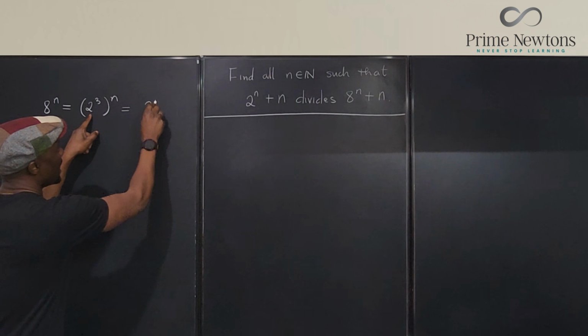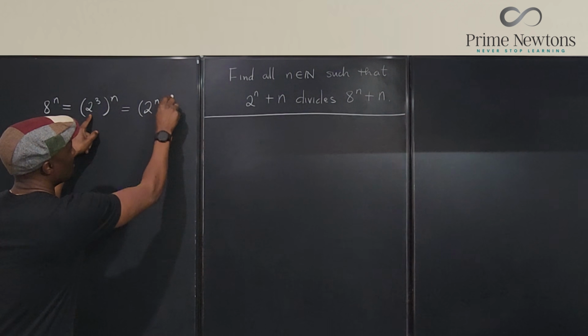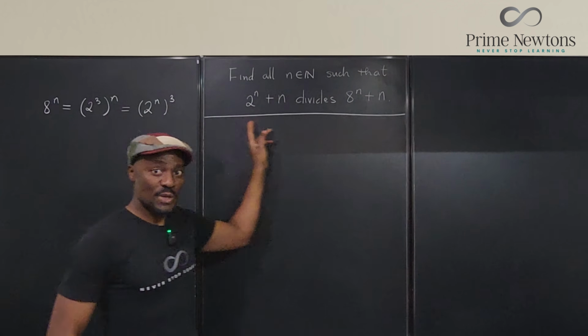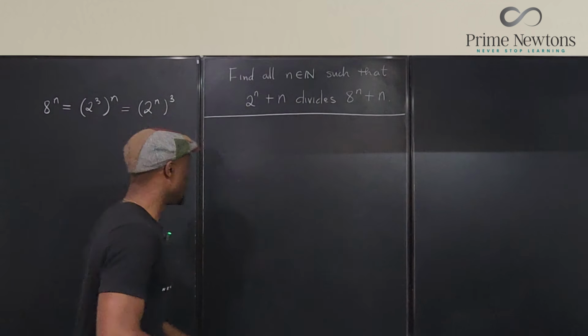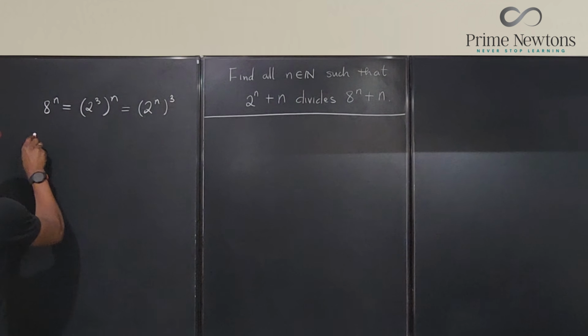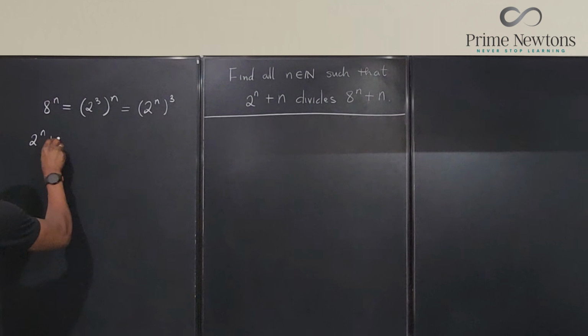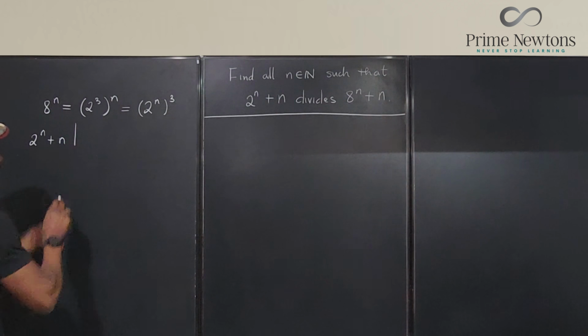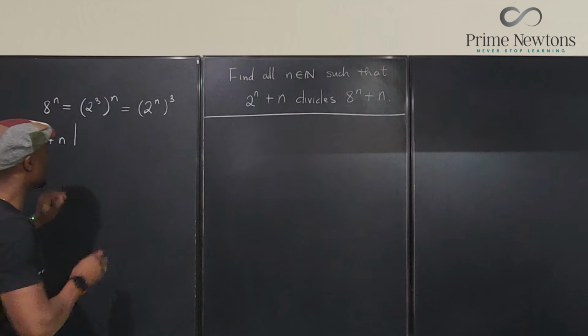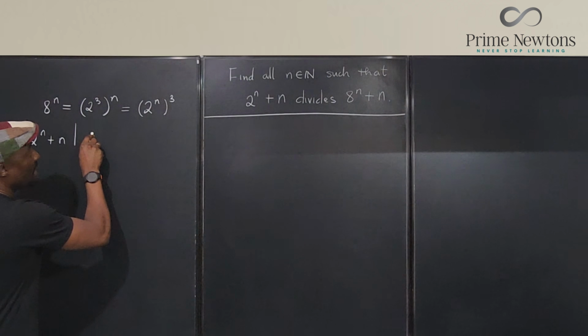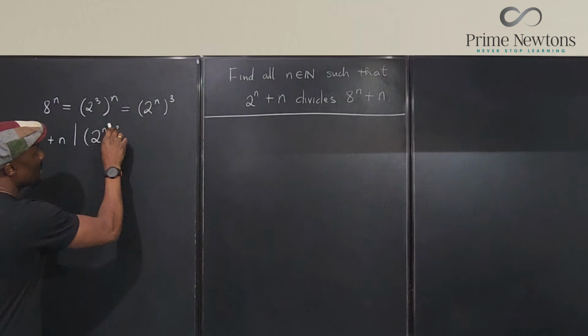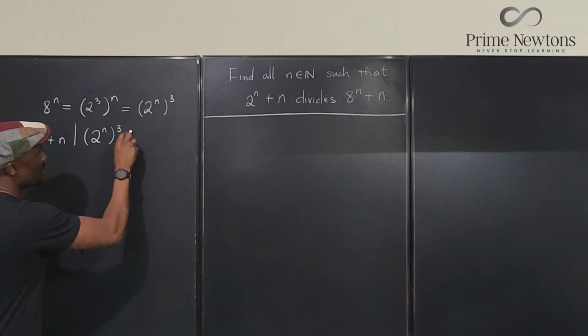It is 2 to the n cubed. So we could rewrite this problem and say that 2 to the n plus n divides, this is the symbol for divides, 2 to the n cubed plus n.